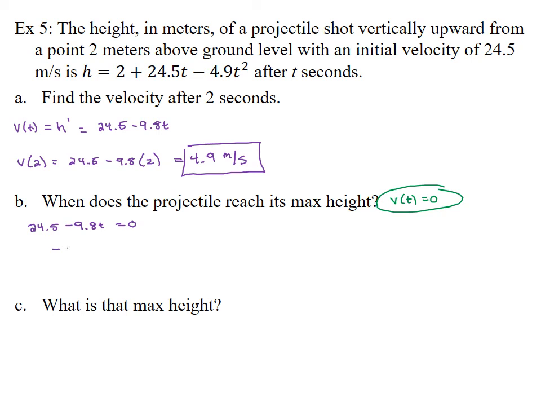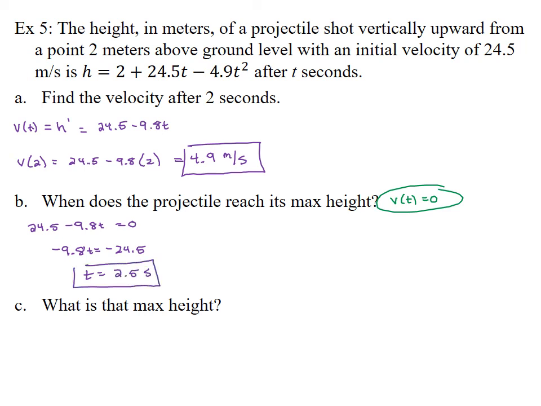If I move the 24.5 over, you'll have negative 9.8t equals negative 24.5. Oops, sorry, I forgot the t. And if you divide both sides by negative 9.8, you should get t is equal to 2.5 seconds.